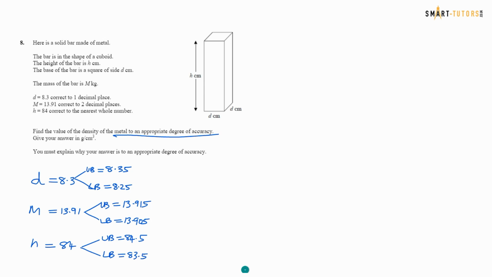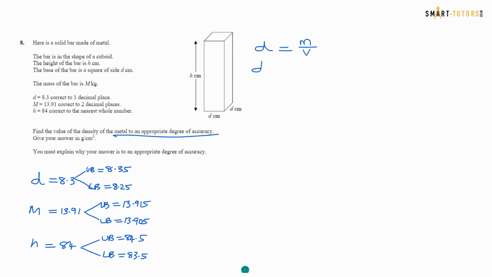So you must list down all the values you are going to be using in the approximation. Method to an appropriate degree of accuracy means you need to find out the density's maximum, the density's minimum, then take a decision, right? First of all, we know density is equal to mass over volume.